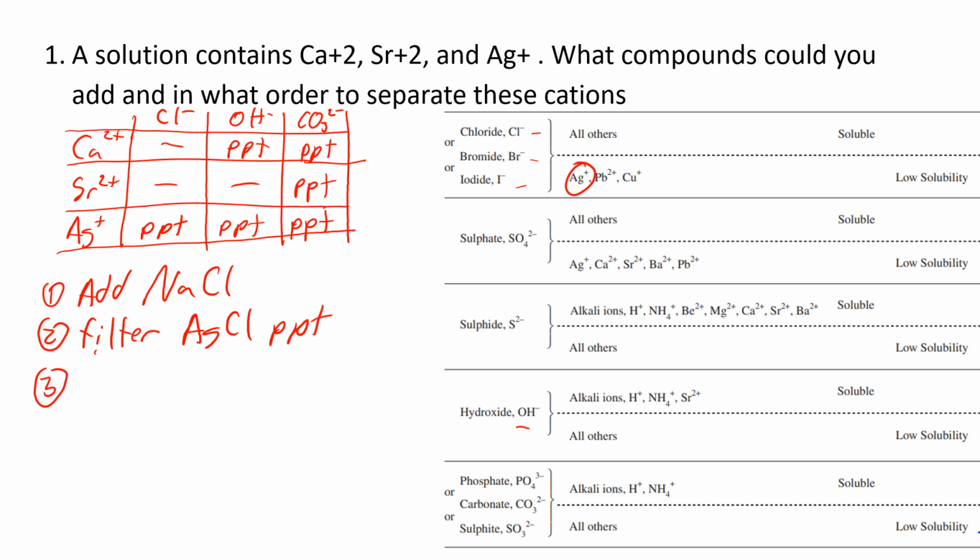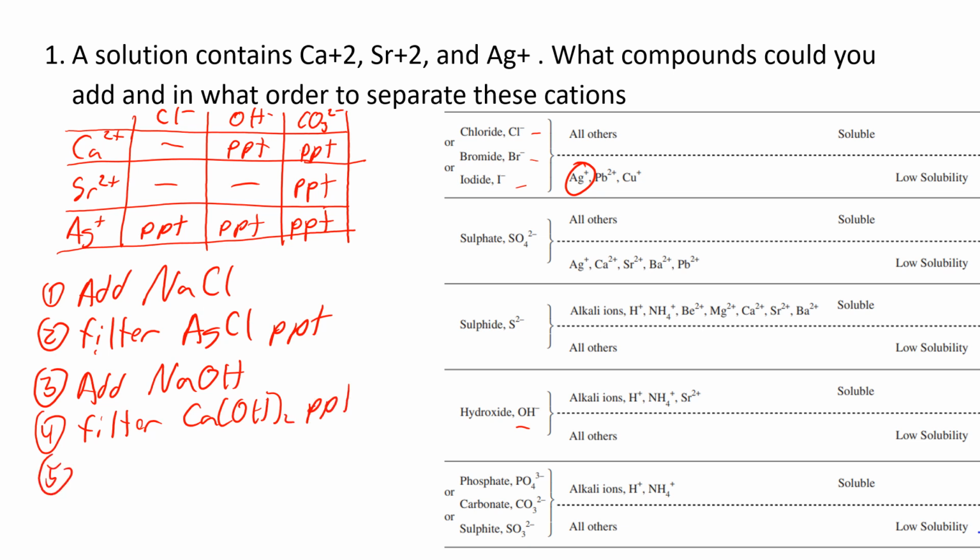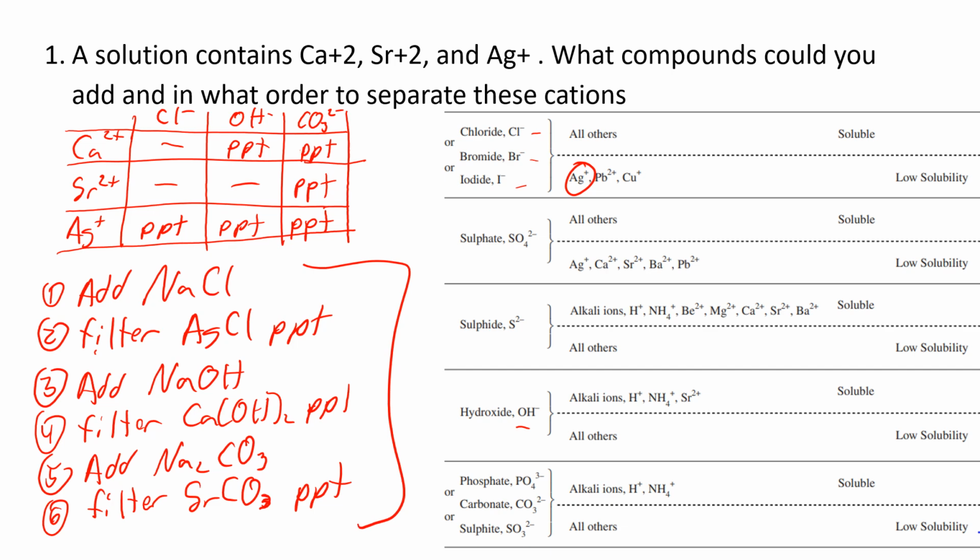Step 3, add sodium spectator hydroxide, and then 4, filter the calcium hydroxide precipitate, and step 5, I'm going to add sodium carbonate, and then step 6, I would filter the strontium carbonate precipitate. This is my answer. This is my work.